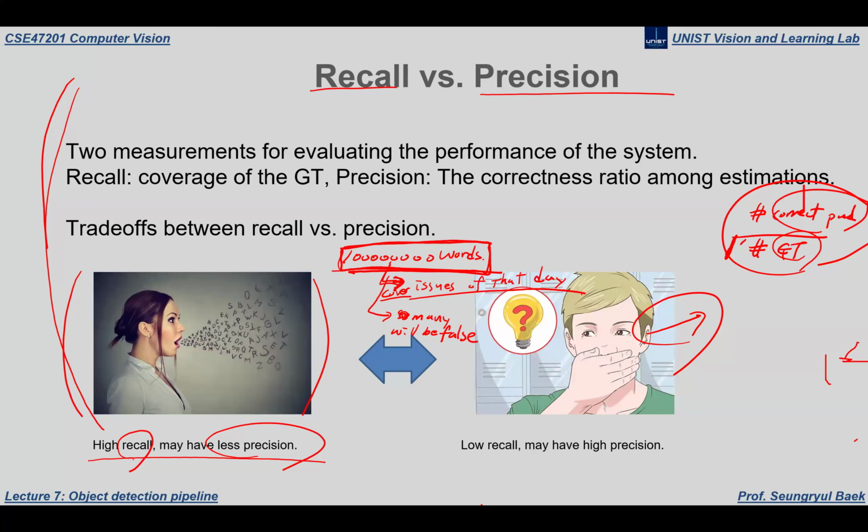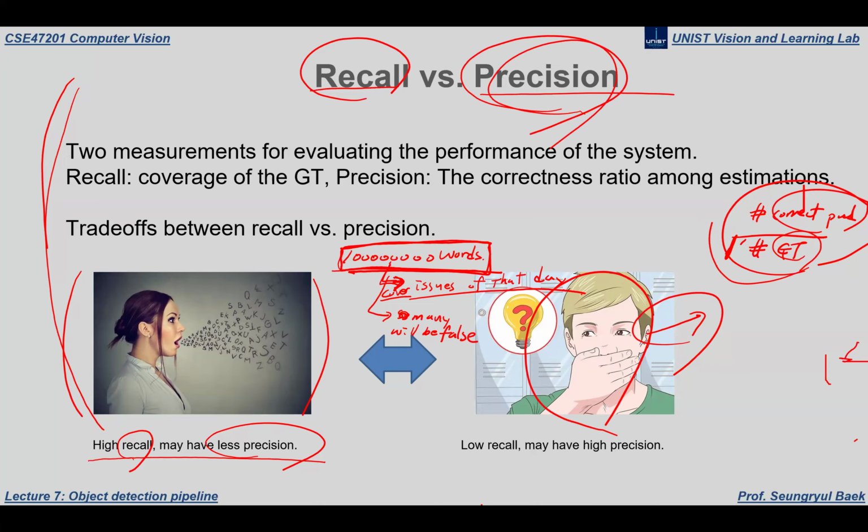Okay, this person is similar to YOLO. YOLO predicts less, so it could have high precision, but less probability to cover all the ground truths inside an image. So YOLO has less recall but high precision, but RCNN has a good balance between recall and precision.